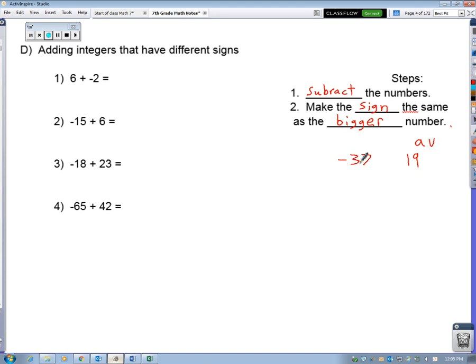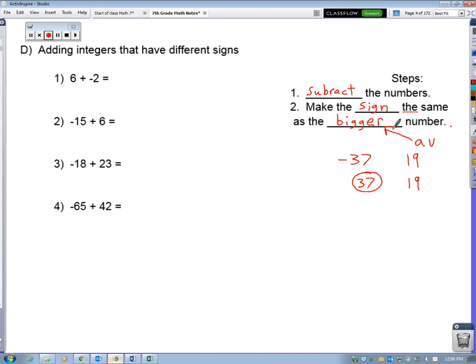Negative 37 is 37 places away from 0. Positive 19 is only 19 places away from 0. So according to my absolute value, 37 has a bigger absolute value. And that's what we're going off of to find the sign for the answer.